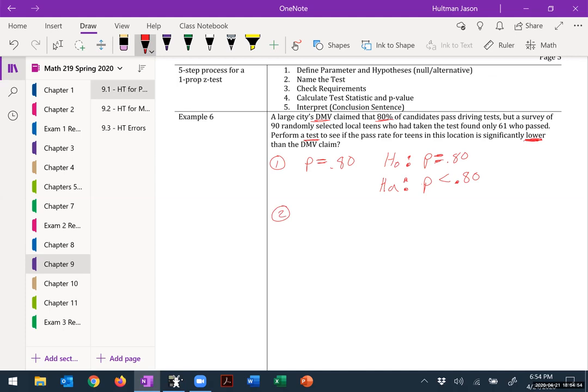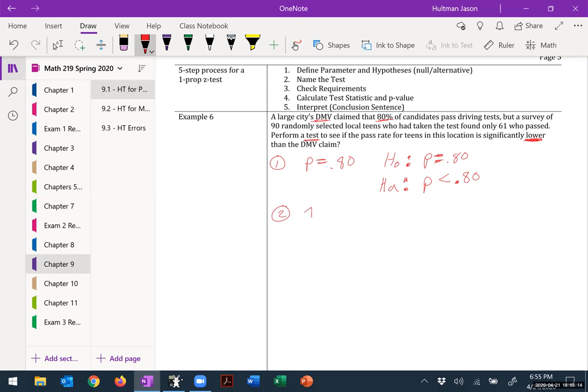Number 2, name the test. What type of test are we using? Well, we're using proportions, and we're using a Z, normal distribution to test against with our proportions, and we're only using one proportion.